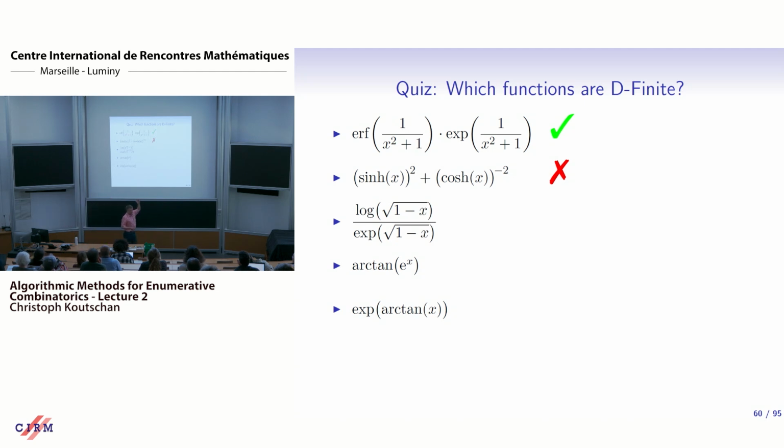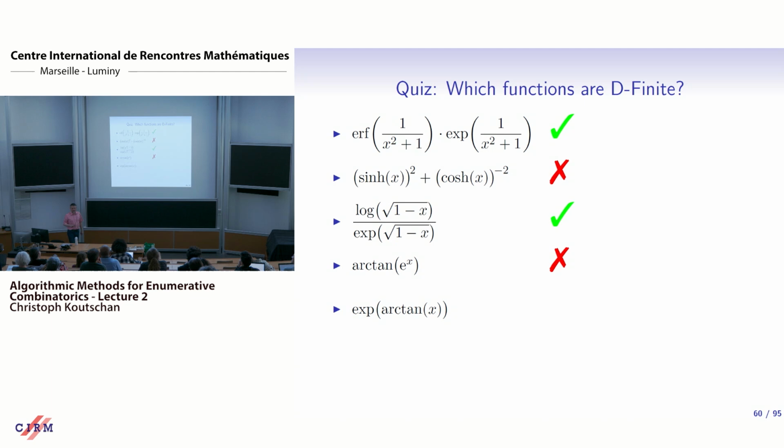In this case, because the exponential satisfies a first-order differential equation, and for such expressions, which are called hyperexponential, we can invert. So this one is D-finite. And the logarithm, there's no problem with the logarithm. So this is D-finite. So what about the next one? Arctangent of exponential. Who thinks this is D-finite? Exponential is not algebraic. It's not algebraic, you're right.